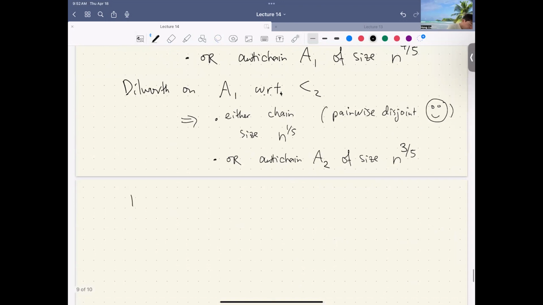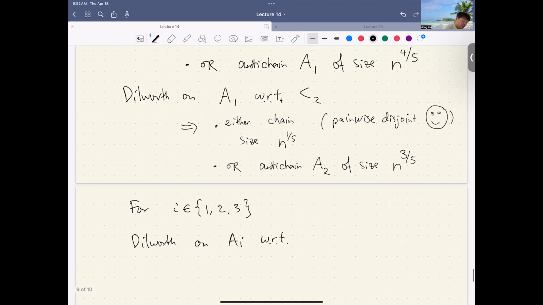So in general, for i in 1, 2, 3, we apply Dilworth on A_i iteratively.